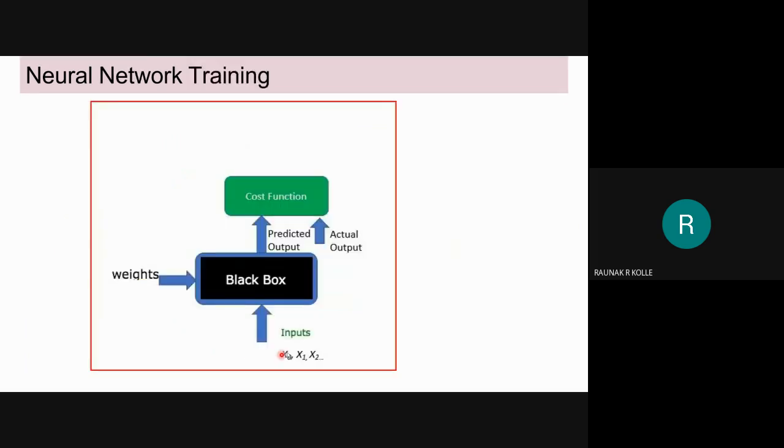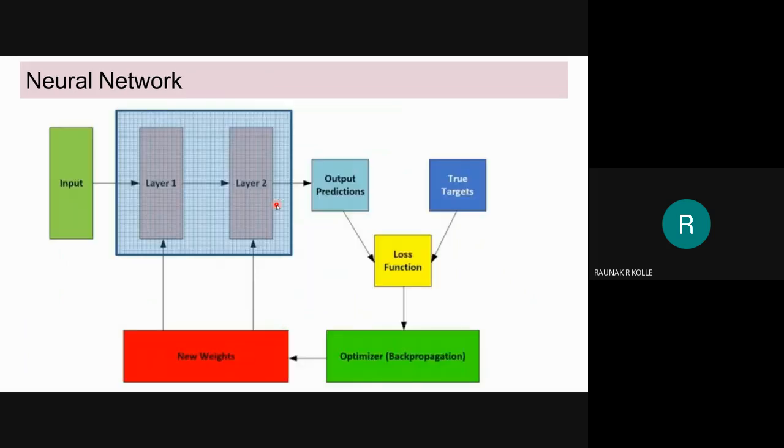In the previous model, we can see that the inputs x0, x1, x2, and weights are given to the black box, which predicts an output into the cost function. Input is given to the layer. The layers we see here, layer 1 and layer 2, comprise the hidden layer. The input being the first layer, which is the input layer, and the output layer being the third layer.